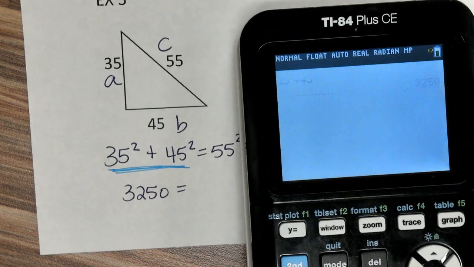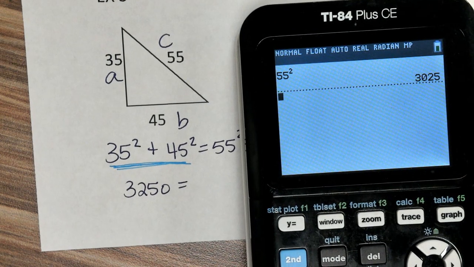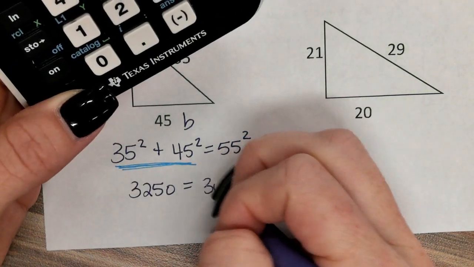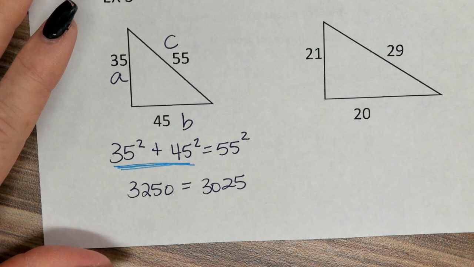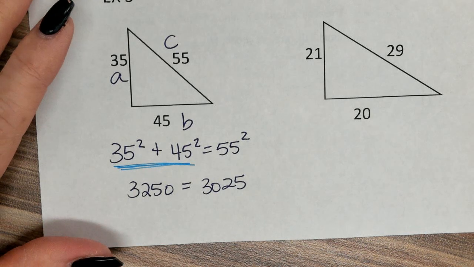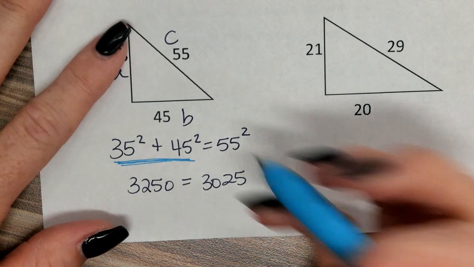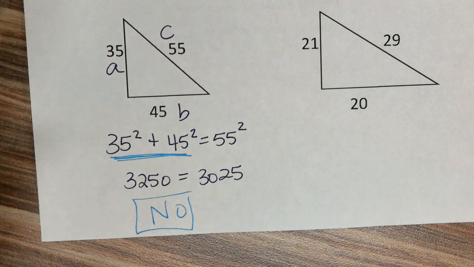Is it equal to 55 squared, which is 3,025. Are those the same number? No. So my answer is no, this would not form a right triangle.